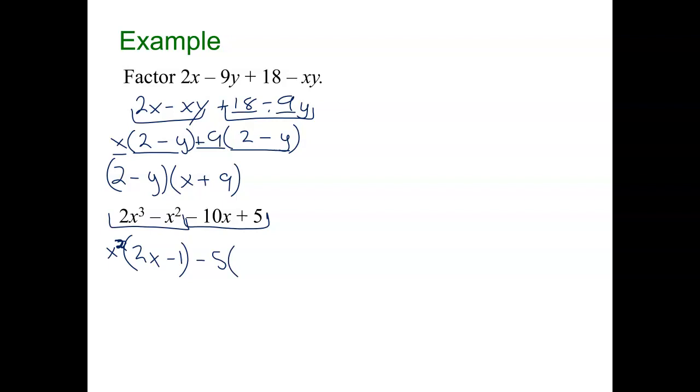Not plus 1, minus 1. Because I'm factoring out a negative 5. 5 divided by negative 5 is negative 1. And factoring out that negative 5 is very important because I need these to be the same. Which means I need the sign on the 5 to change to a negative. So that it matches with the negative 1. So I have 2x minus 1. Good.